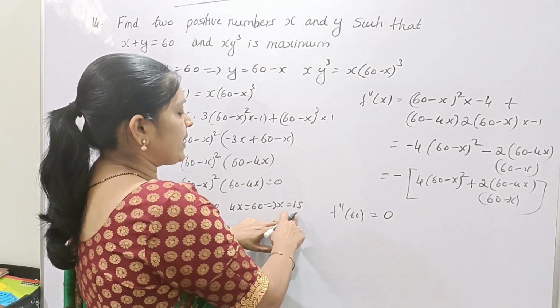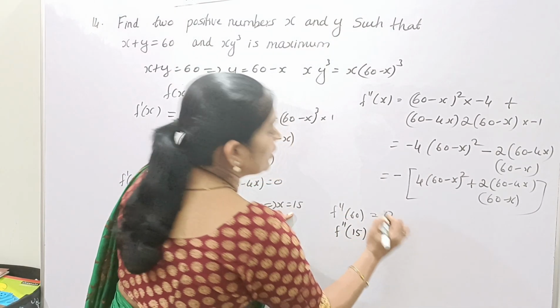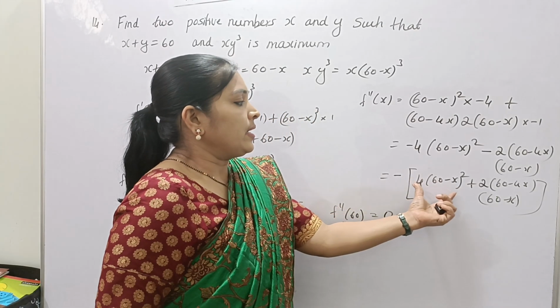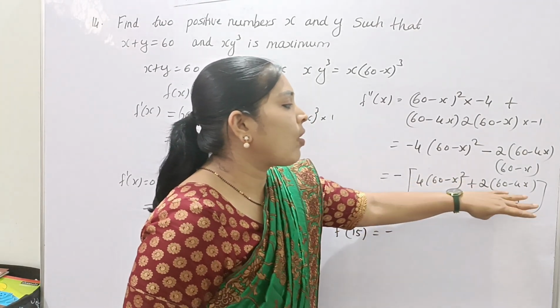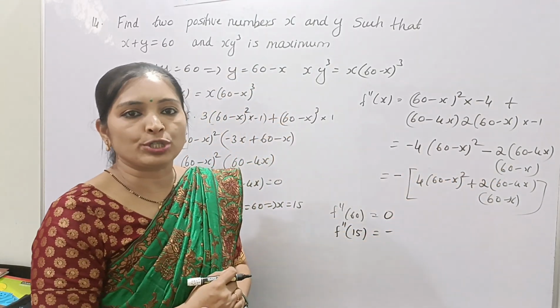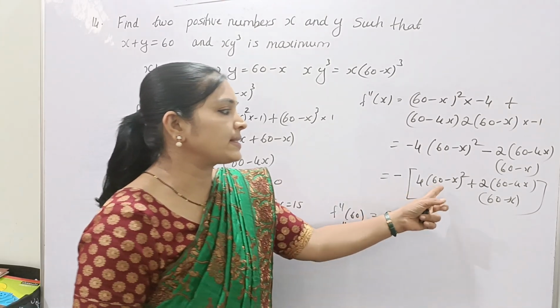Next let's check x = 15. f''(15) is equal to minus of, here we will get 60 − 15, and the values inside the bracket will be positive, because 15 is less than 60.